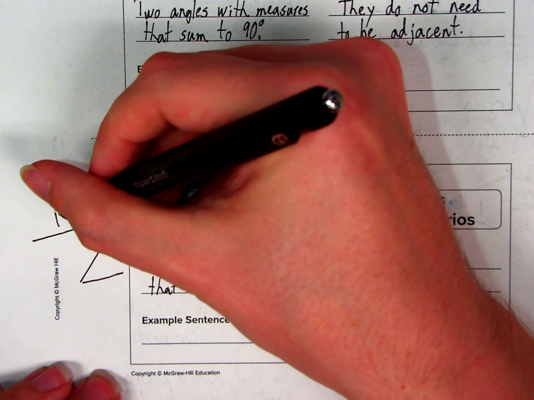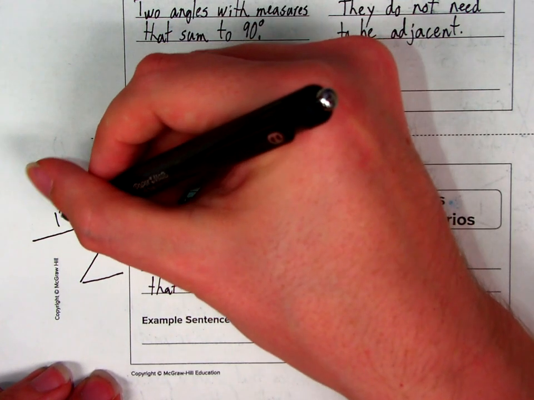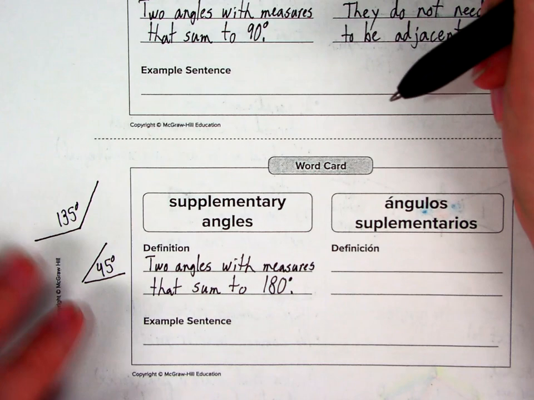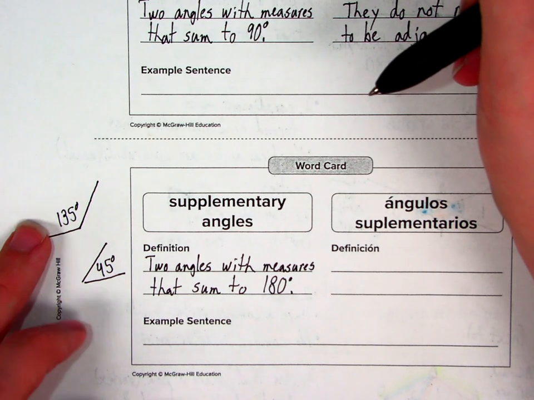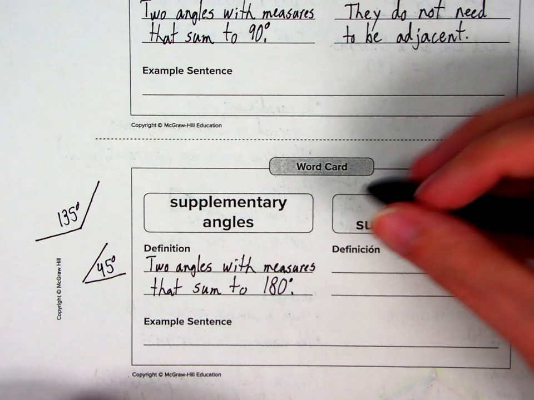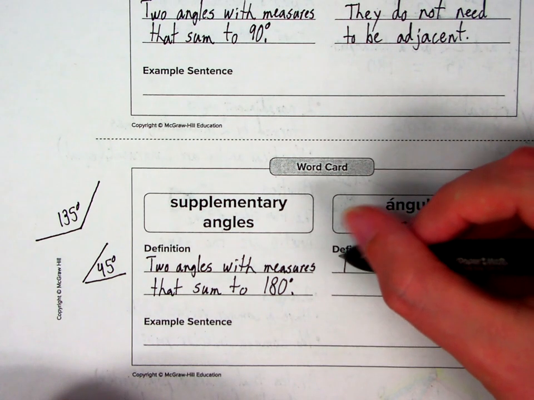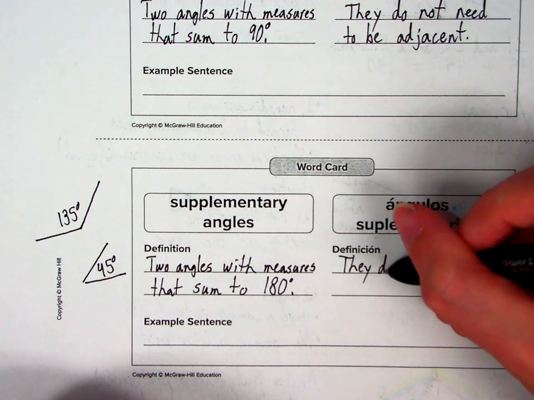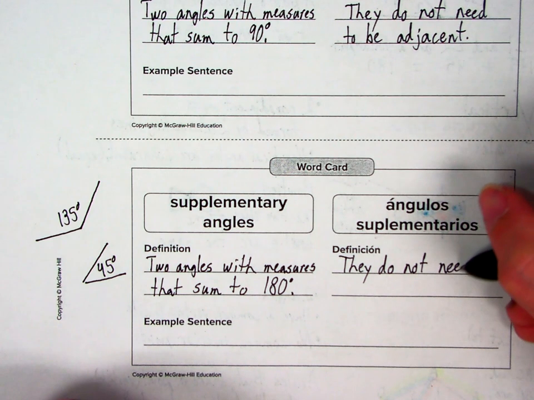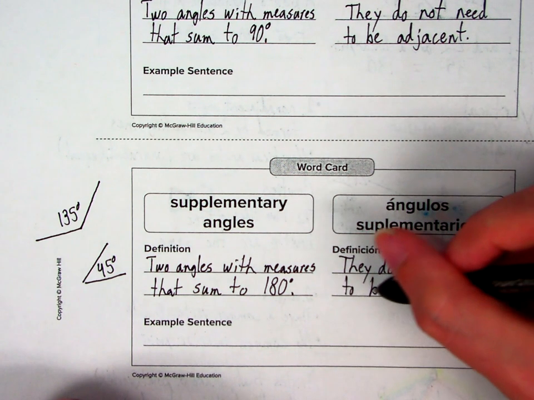The first one might be 135 degrees, the second one might be 45 degrees. They do not physically have to be paired to each other to be supplementary. They do not need to be adjacent.